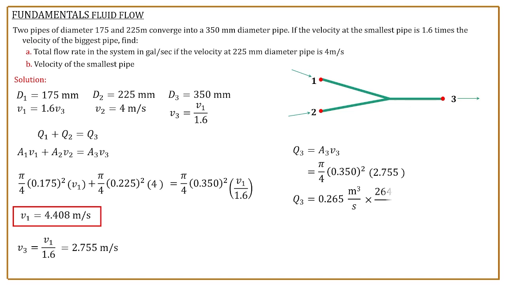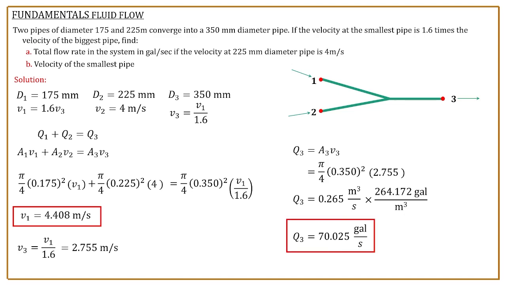Dapat matandaan natin na ang isang cubic meter ay equal sa 264.172 gallons. And we will get 70.025 gallon per second. I think naka-store values ako dito. Yung iba ata ay makukuha ay 70.00 something. Gallon per second. That is our answer for letter A.